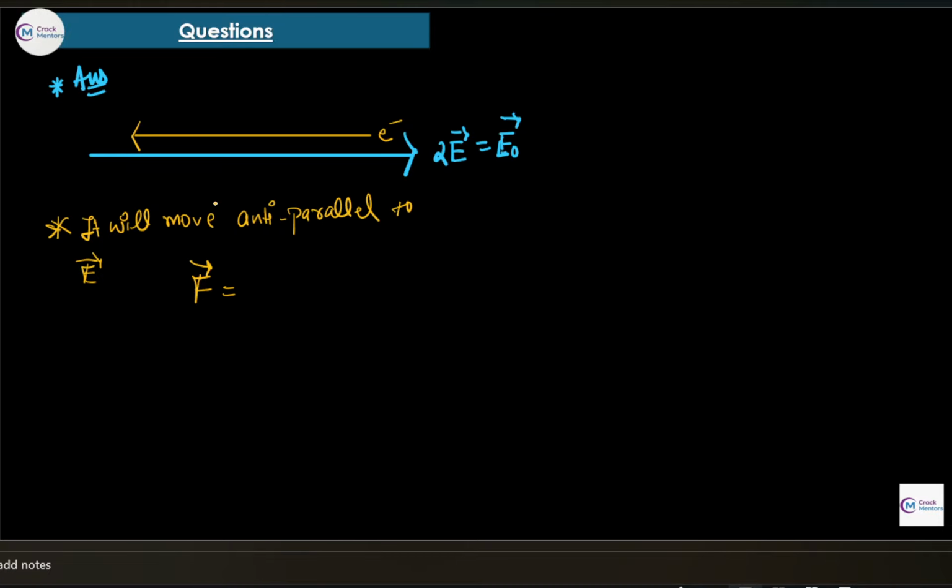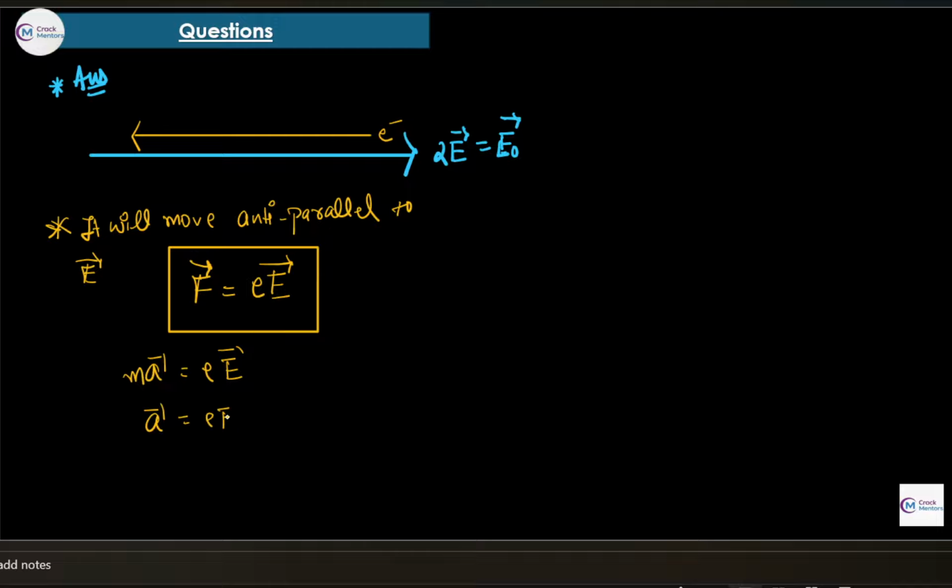We know that if an electric field is applied, then the force is equal to E into E. This is the most basic thing that we know. And if you don't, then let me know about it. We also know the formula, force equals mass into acceleration. If I relate it with that, then we have the value of acceleration as E upon m.